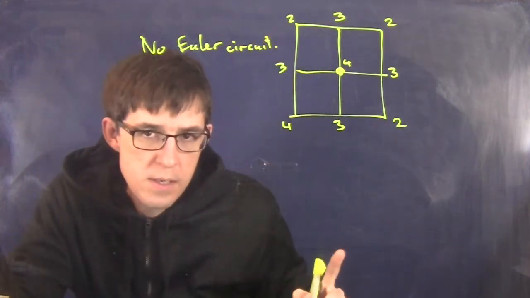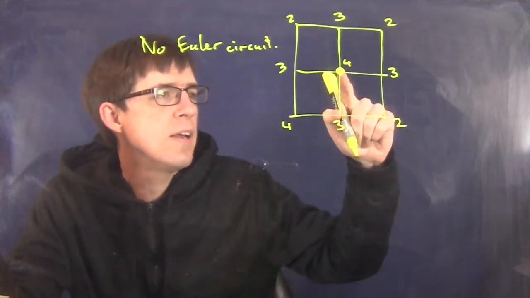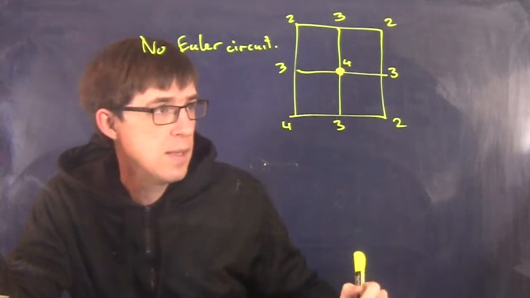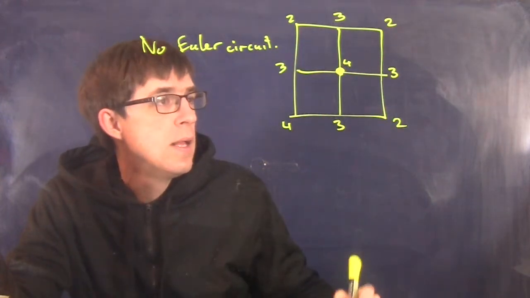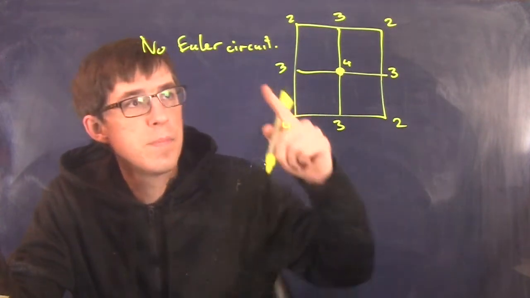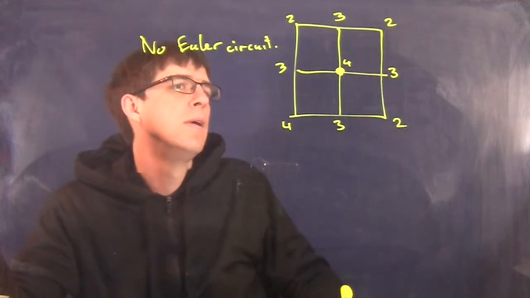Which means, in the context of this invented real-world problem, that if somebody starts in the middle here and they want to plow every street and end up back in the middle, in this example it is not possible to do that without repeating some of the edges, right? No Euler circuit means if you want to do a circuit, it must repeat some of the edges.